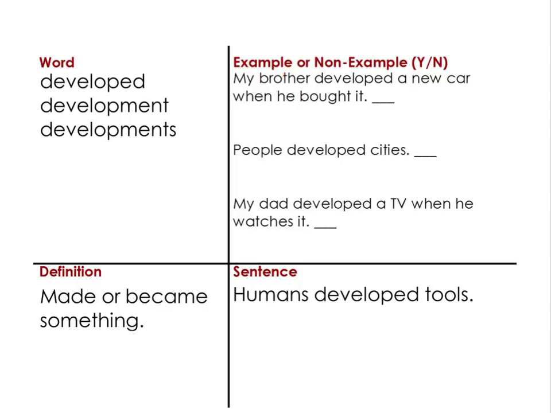Here is example or non-example. You decide if the sentence is an example of the word developed or if it is not an example. If it is an example, write yes or Y. If it is a non-example, write no or N. I'll read the sentences.